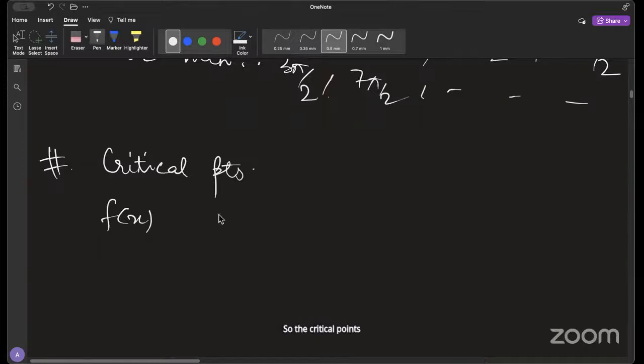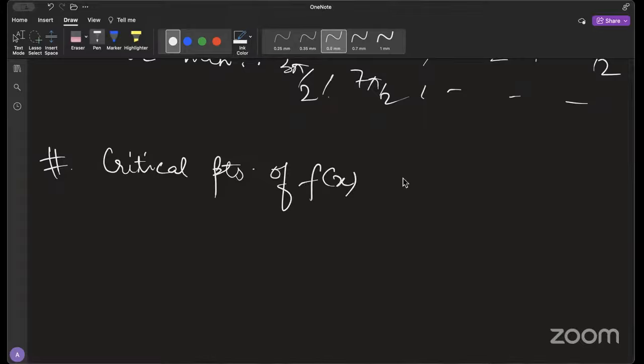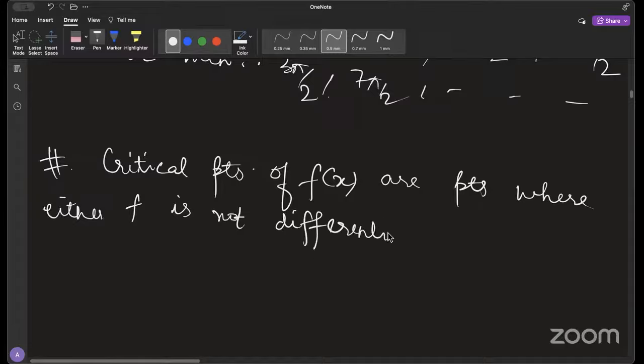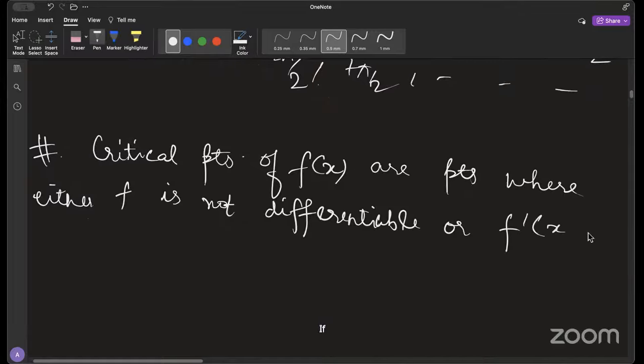So the critical points are points where either f is not differentiable or f'(a) is 0.